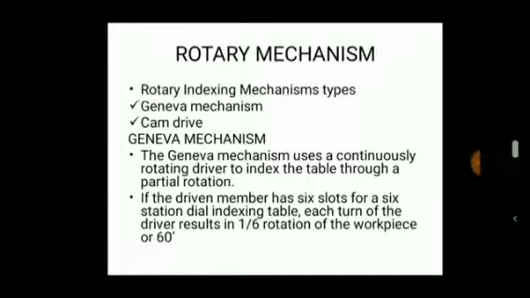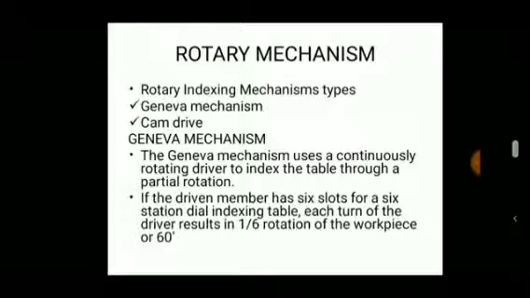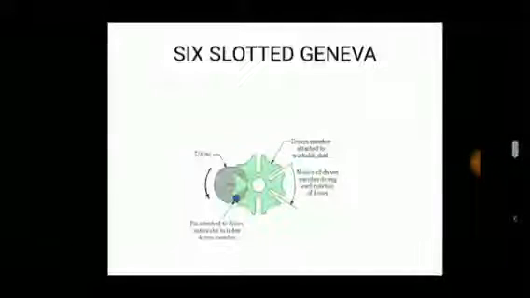Then the rotary mechanism. They use a Geneva mechanism and a cam mechanism for the rotary mechanism. The Geneva mechanism uses a continuously rotating driver to index the table through a partial rotation. This is the formula for it, and here each indexing angle is 60°. The formula is theta is equal to 360 by ns, where ns is the number of slots in the Geneva.